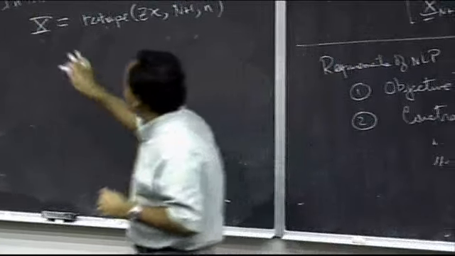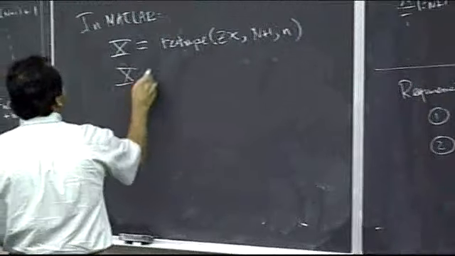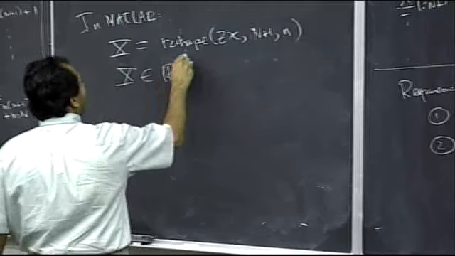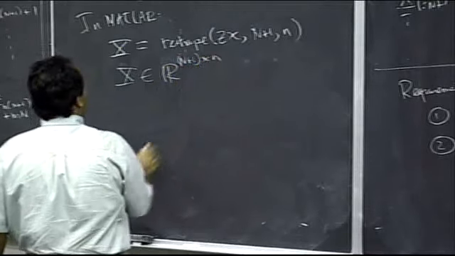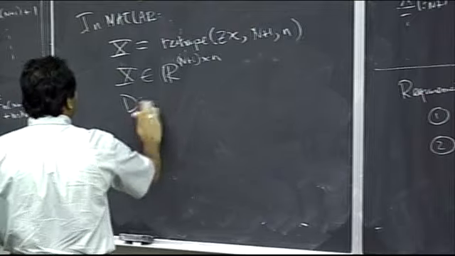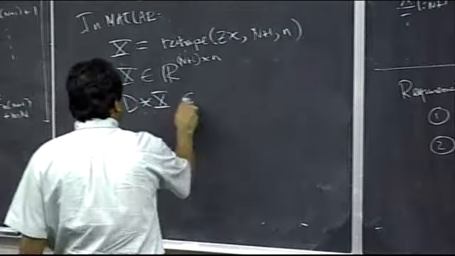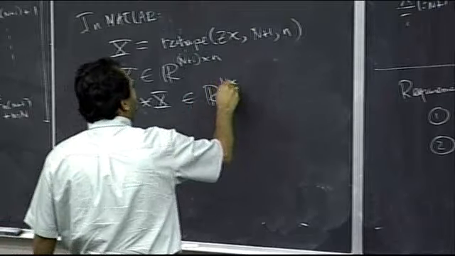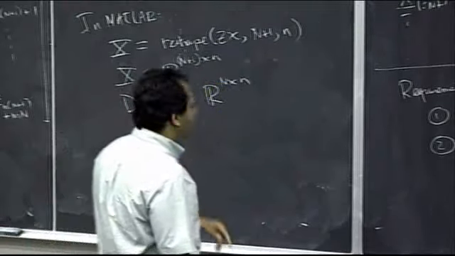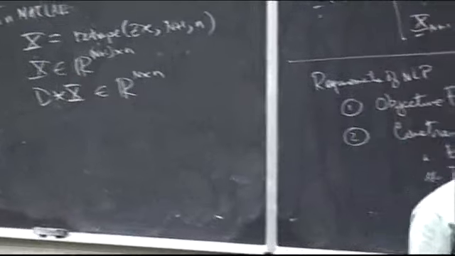So x is an element of R^(n plus 1 by n), but if I take d times x, in MATLAB notation d star x, that is an element of R^(n by n), because d is not square. It's a rectangular matrix, right?